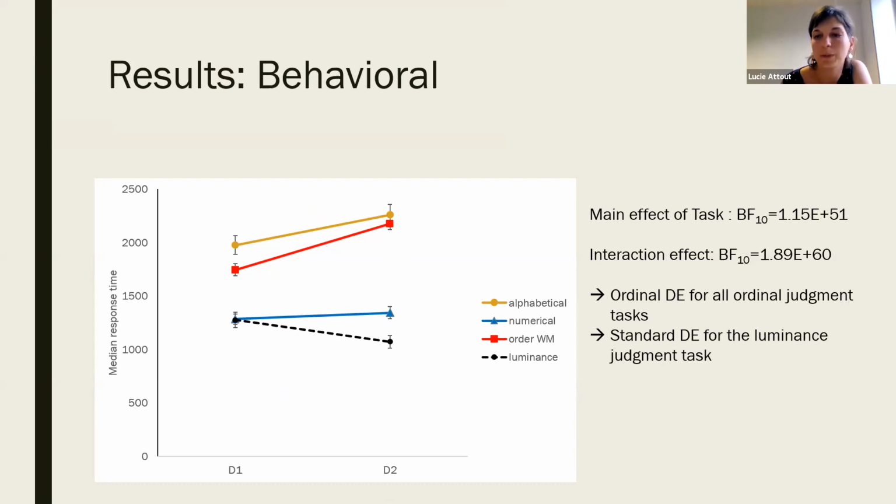And more interestingly, we observed an interaction effect demonstrating moderate to strong evidence for an ordinal distance effect in all other judgment tasks, even if it was less obvious for the numerical one, with faster response times for consecutive adjacent stimuli than distant ones, and a standard distance effect in the luminance judgment task, with faster response times for more distant, more different levels of luminance.